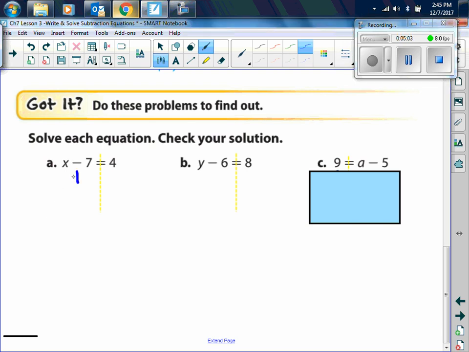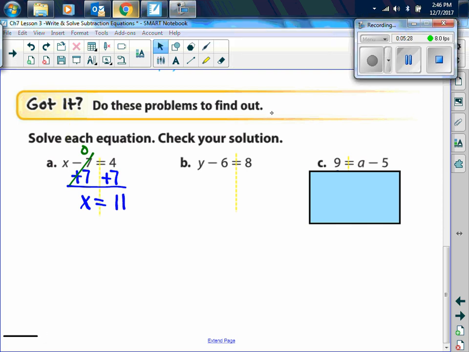And we're going to add 7 on both sides. Okay? So, the 7's cancel to 0. So we're left with just x on this side equals, and then 4 plus 7 is 11 on that side.